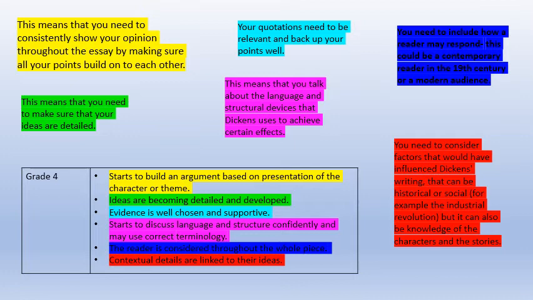And then in red there, contextual details are linked to their ideas. You need to consider factors that would have influenced Dickens's writing. That can be historical or social. For example, a lot of his work is set during the Industrial Revolution, but it can also be knowledge of the characters and their stories. That is context.